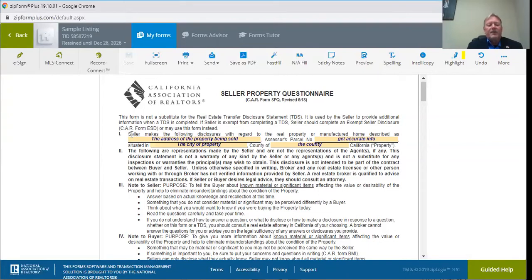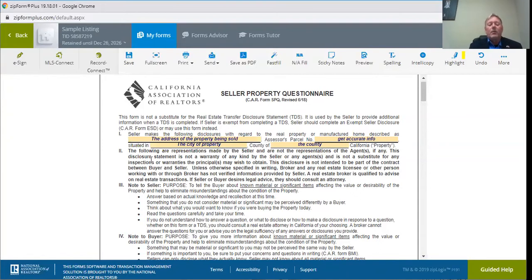So right off it talks about the seller makes the following disclosures with regard to the real property or manufactured home described as. So again, we're going to have to make sure that our address is correct. Again, we're going to make sure that our parcel number is correct, the city that the property is located, and then certainly the county that it's located as well.